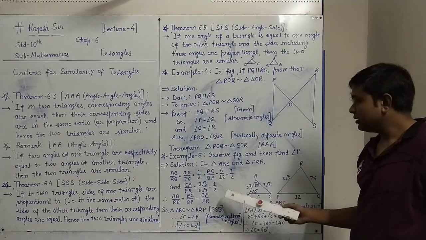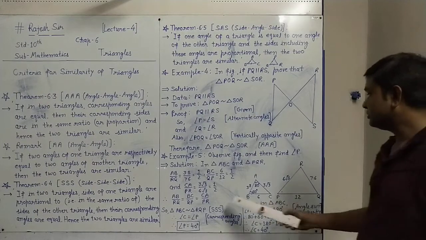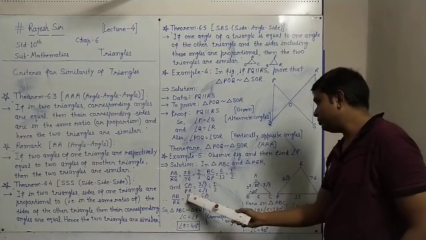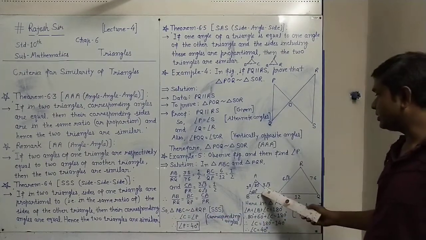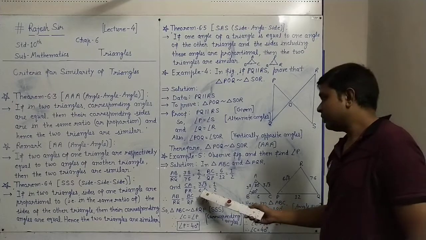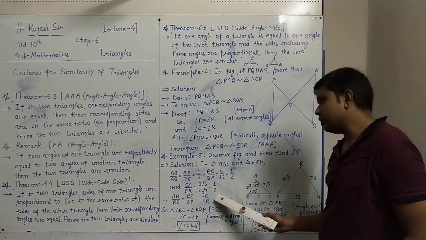Third ratio, CA upon PR: CA is 3 root 3 and PR is 6 root 3. Root 3 cancels, 3 ones are 3, 3 twos are 6, so 1 by 2 as well.